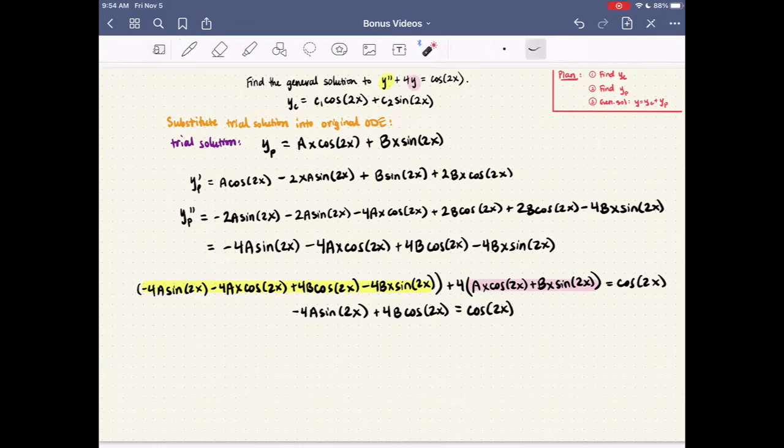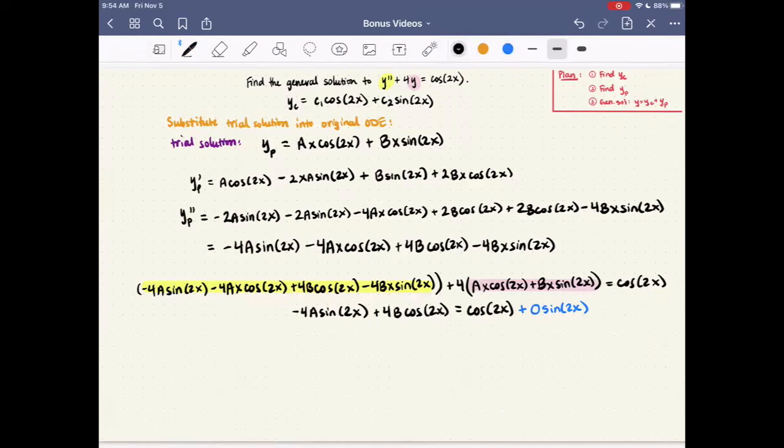And now I want to equate the coefficients on sine on the left-hand side with the coefficients on sine on the right-hand side. And then I want to equate the coefficients on cosine on the left to the coefficients of cosine on the right. Well, I don't actually have any terms with sine on the right. So if it helps you remember what you're doing, you could write plus 0 times sine 2x.